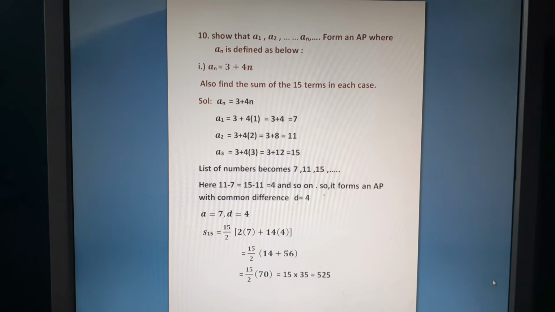That is equal to 15 by 2 into (14 plus 56), since 14 fours are 56. That is equal to 15 by 2 into 70, that is equal to 15 into 35 is equal to 525. Therefore, the sum of the first 15 terms is 525.